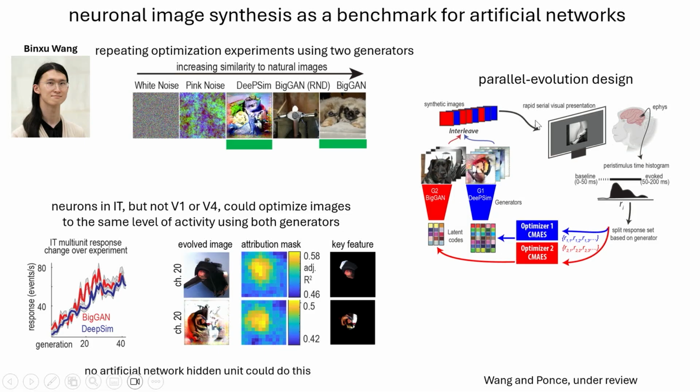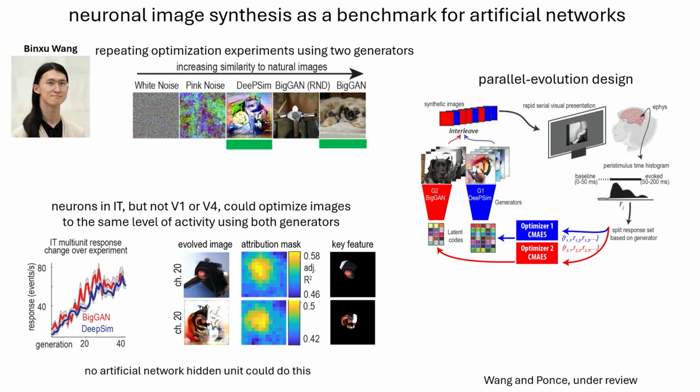Binshu found a way to interleave both generators and compete for the activation of these neurons, and found that neurons in inferotemporal cortex, but not in V1 or V4, could optimize images to the same level of activity. And even though you get different kinds of images, the local features tend to be similar.